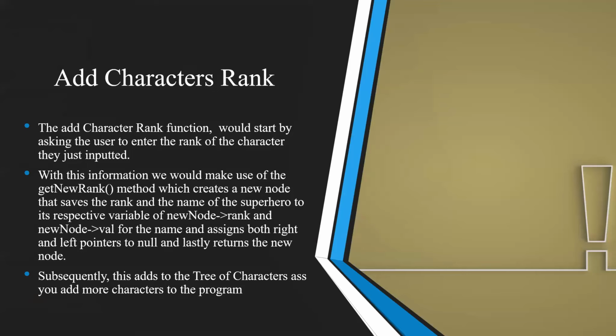With this information, we make use of the get new rank method, which creates a new node that saves the rank and the name of the superhero to the respective variables of the new node, the pointer rank and the pointer value for the name, and assigns both right and left pointers to null, and lastly returns the new node. Subsequently, this adds to the tree of characters as you add more characters to the program.